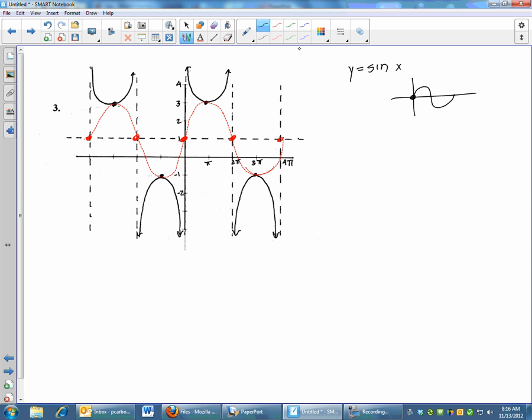So for the red graph, I know this is going to be y equals some amplitude times the sine of bx, since there's some period change. There is no shift left or right, so I'm not going to worry about the c this time, but I do shift up 1. So I'm going to go ahead and say plus 1 because my graph is shifted up 1.